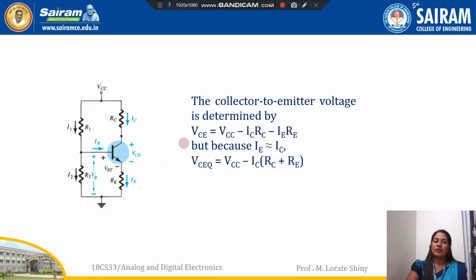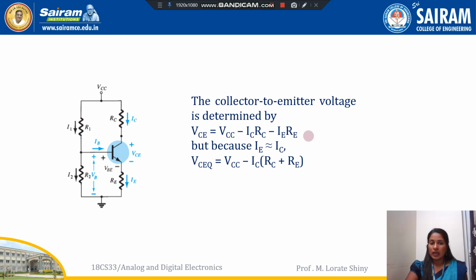Taking VCE to one side and moving the remaining terms to the other side, VCE equal to VCC minus ICRC minus IERE. In this equation, we know that IE is approximately equal to IC, so I substitute that: VCE equal to VCC minus ICRC minus ICRE.